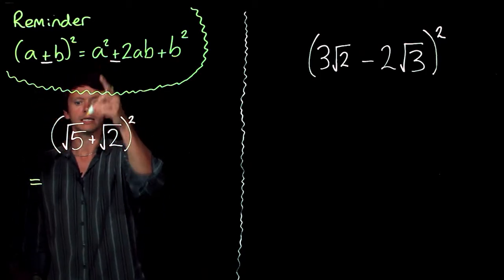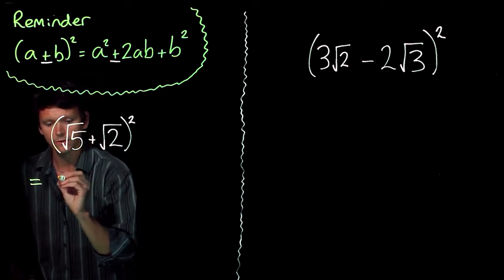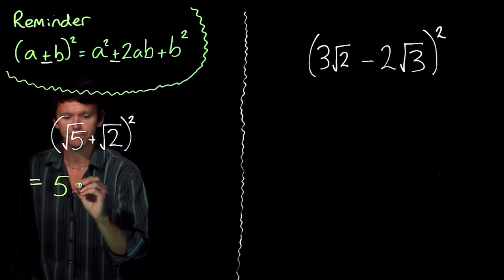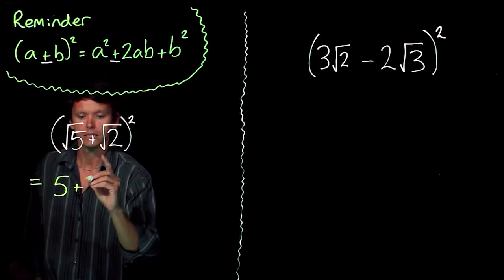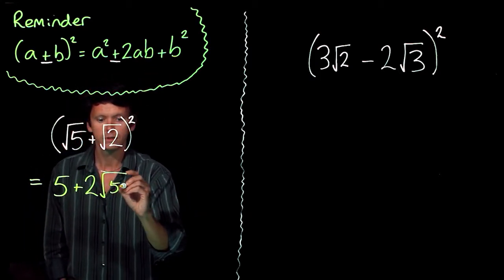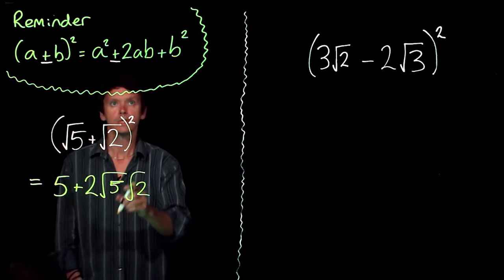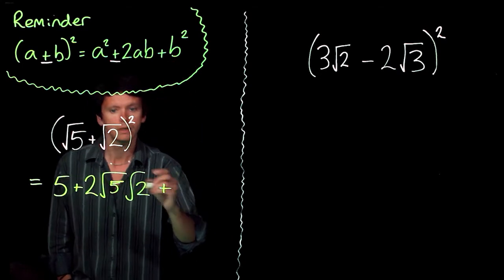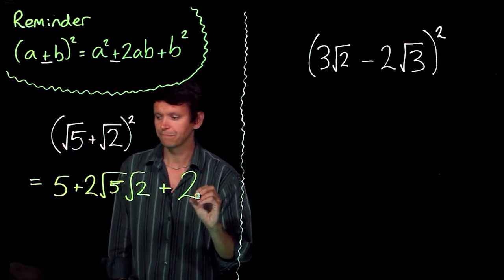that expands like this. A squared, root 5 squared, equals root 5 times root 5, equals 5, plus 2 times the product of a and b. So that's 2 times root 5 times root 2, plus b squared. So root 2 squared is 2.